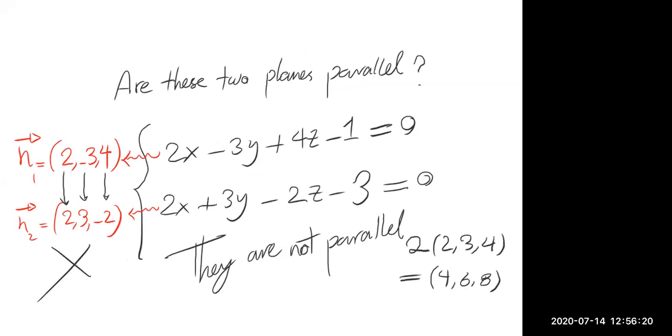But here I had 2, minus 3, and 4, and I had 2, 3, and minus 2. There is nothing I can multiply one of them by to get the other one, right? Because if I look at the first one, the number I should multiply with should be 1. But the second one says no, it's minus 1. And the third one says no, it's minus 2. So there isn't anything like that, right?